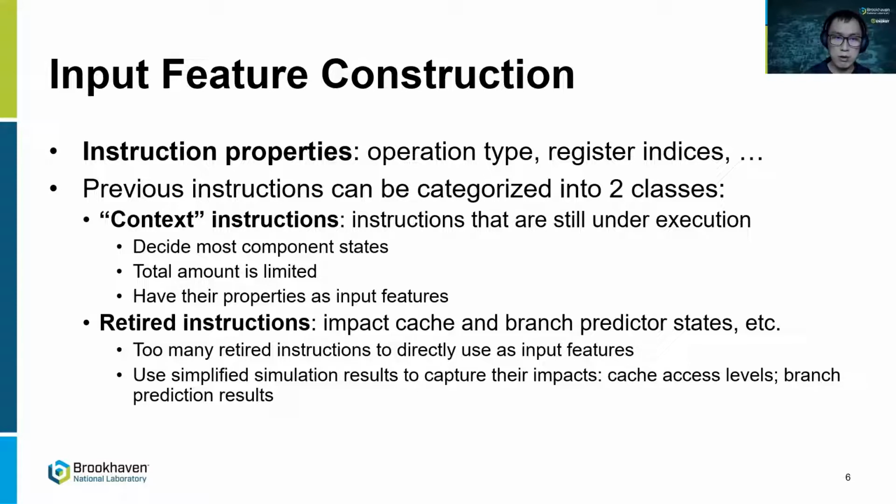Instead, we propose to use simplified simulation results to capture their impact. Particularly, we want to capture the impact of the cache and branch predictor. We use cache access levels to capture the cache impact and use branch prediction results to capture the branch predictor states. More details can be seen in our paper.